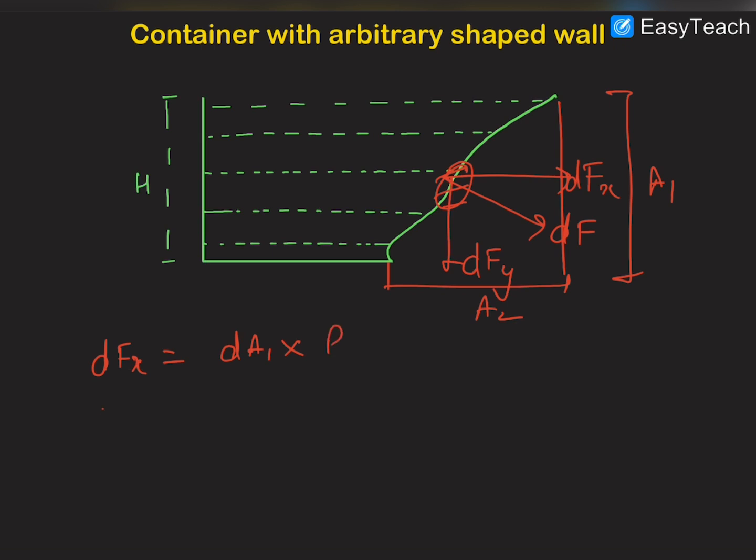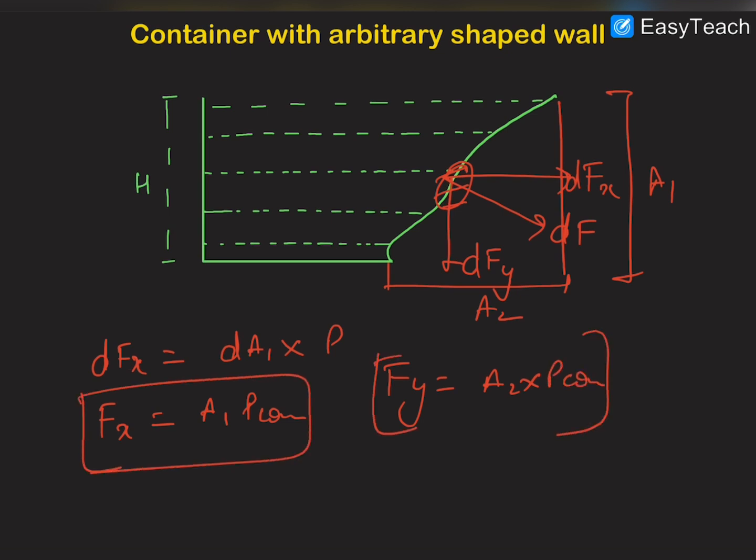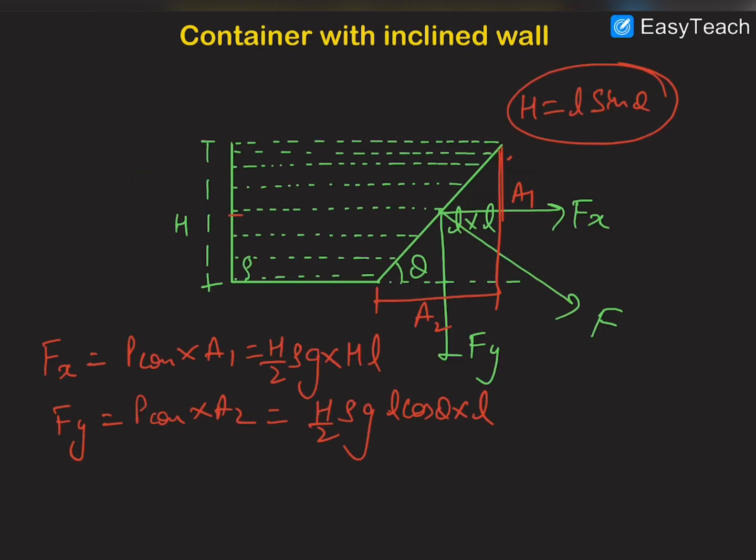So again Fx will be equal to the area A1 into P at COM, and Fy will be equal to area A2 into P at COM. So what I'm trying to say is that there would be no effect of this arbitrary shape of the wall. In fact, we have to use the same method which we used in the previous case.